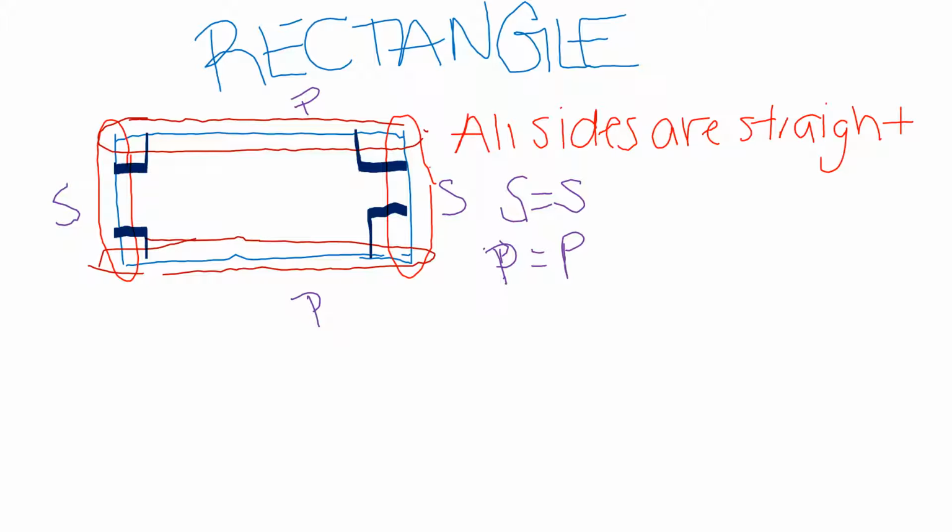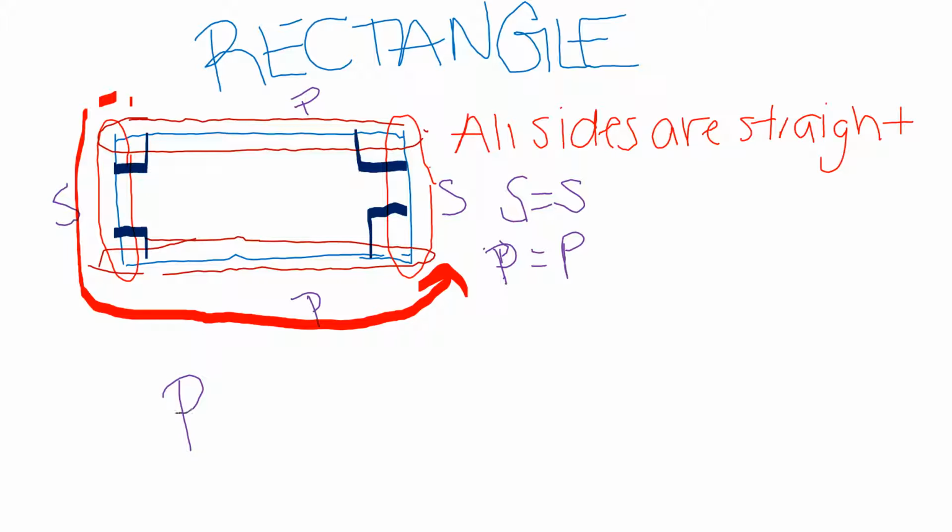And finally, I'm going to talk about finding the perimeter of a rectangle. So say we want to know what the distance around all these sides are. Like, how long is it? What is the distance? The way we find the perimeter of a rectangle is we take the information, P equals perimeter, and we add up all the sides.